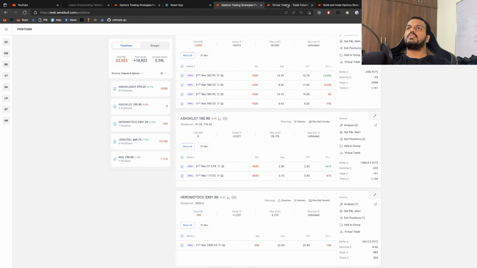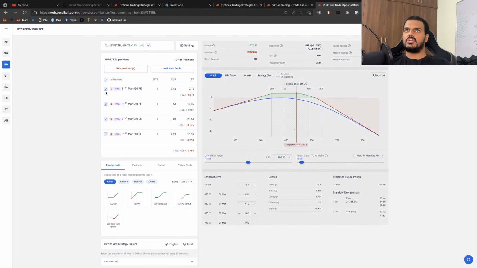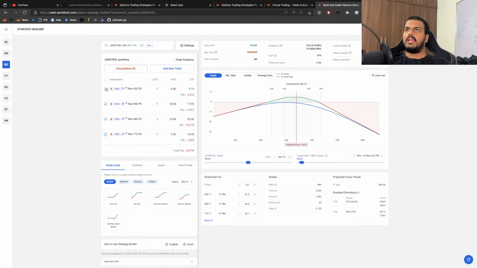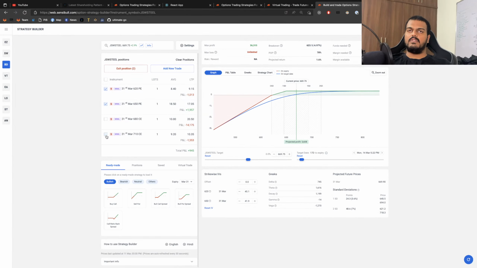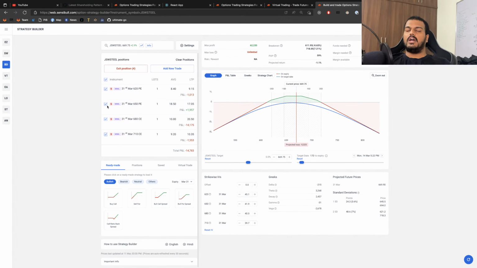So our positions right now might be in a good position, but if we had a position like this, it could be much better than having it like this. I'll just keep this on for now, but overall we have two calls which are acting as a hedge because of a sudden up move.